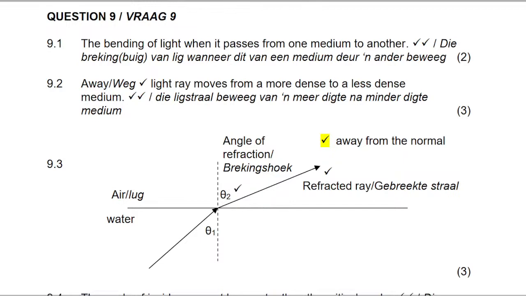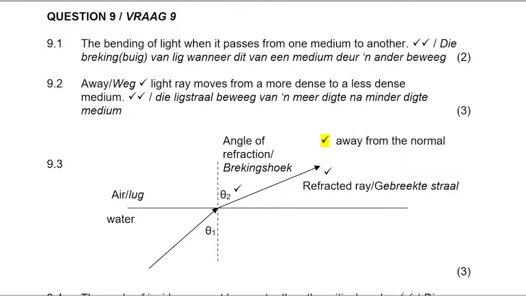Explain your answer. So they want to know if the light is moving from the dense medium to the less dense medium, is it bending towards the normal or away from the normal? So 9.2, it will be away, but the learners had to explain their answer: because the light ray moves from a more dense to a less dense medium. That will be an extra 2 marks, which makes it about 3 marks.